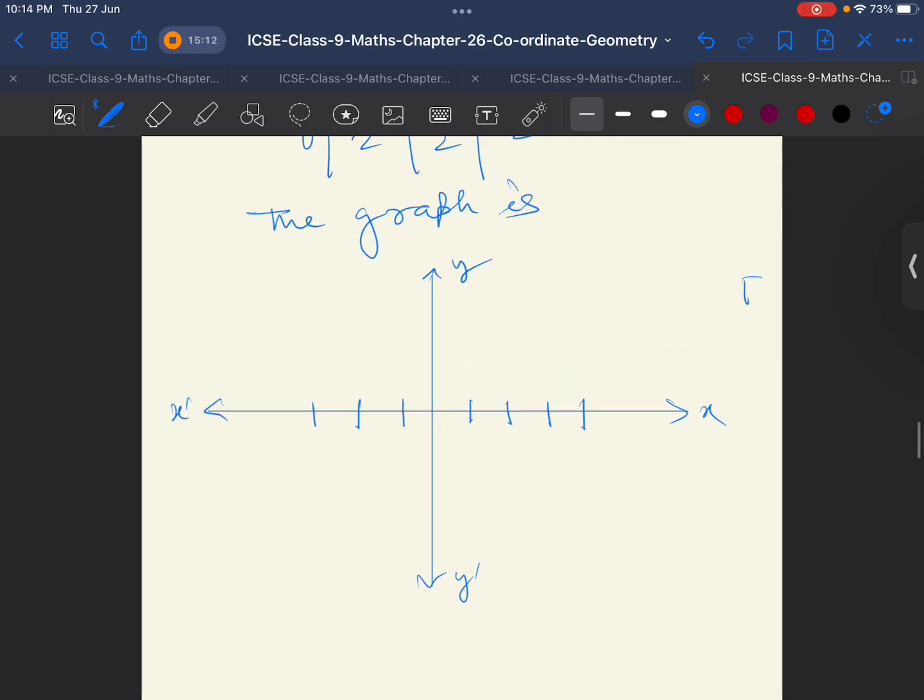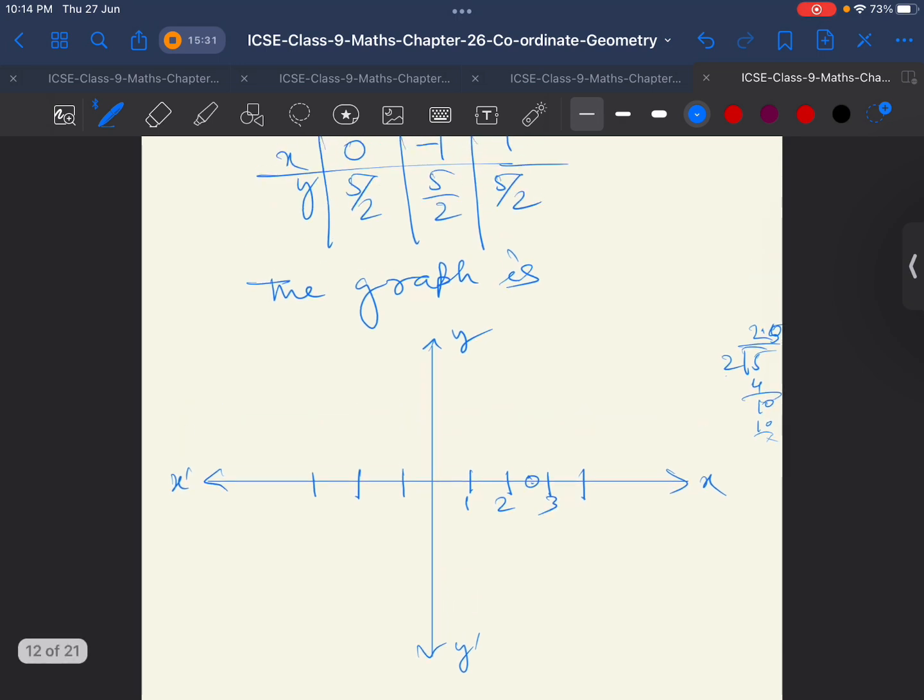This point is 5 by 2, so 2.5 is here. The y value is 5 by 2, so 1, 2, 3, 2.5 is here: 0, 5 by 2, and minus 1, 5 by 2 is here, and also 1, 5 by 2 is here. So now we draw a straight line. This is the straight line.